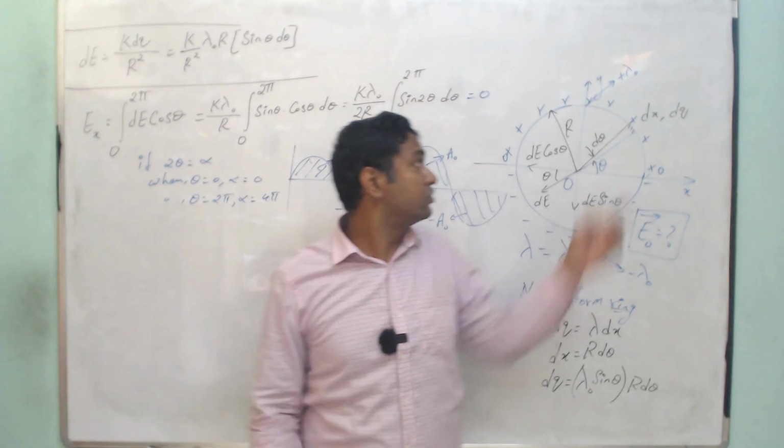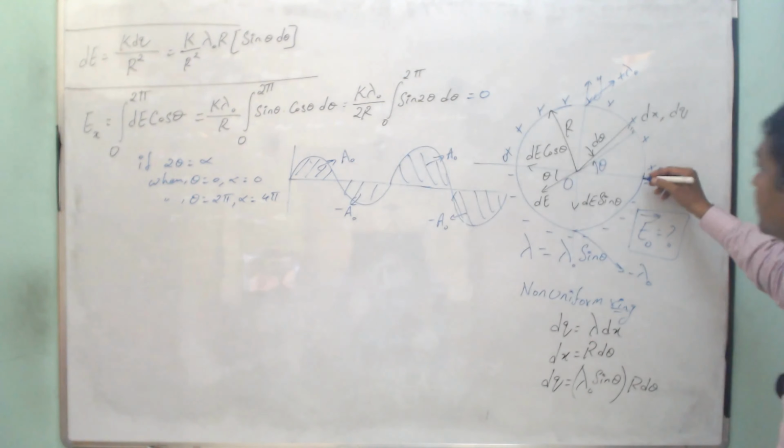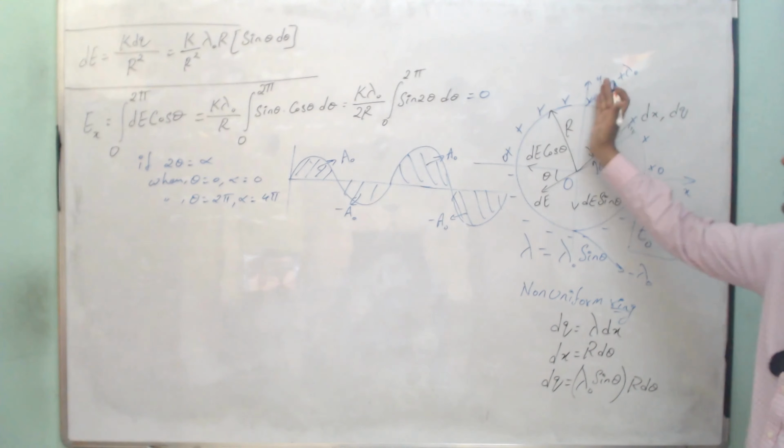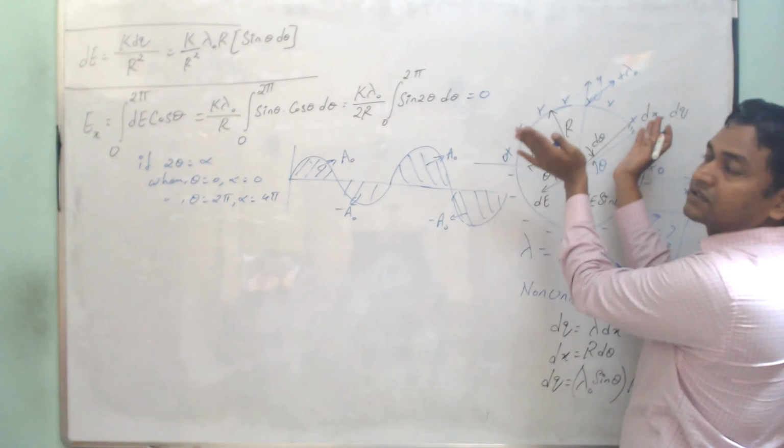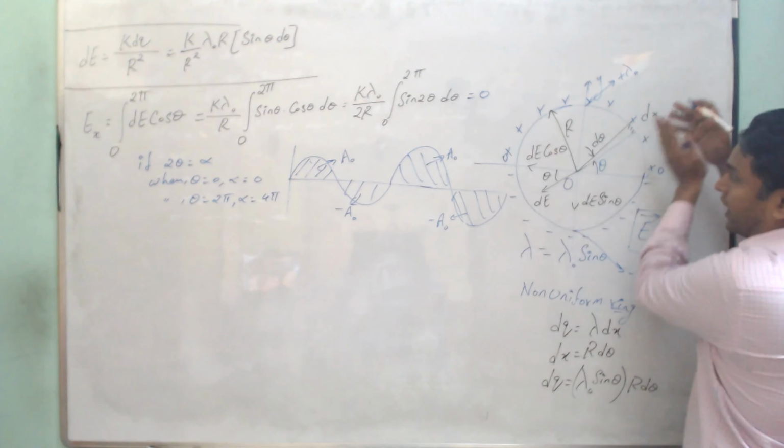Now look at 0 to 90 degree and 90 degree to 180 degree. They are symmetrical with respect to the y-axis, and both are positive.